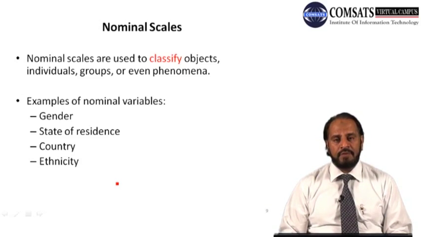For province of residence, we could have Punjab, Sindh, KPK, whatever these categories might be. But the general objective for this kind of variable is to categorize. So if the variable you're using needs to get the information and break it down into subgroups and subcategories, and then do a count on them, then the scale you're using there is called a nominal scale.